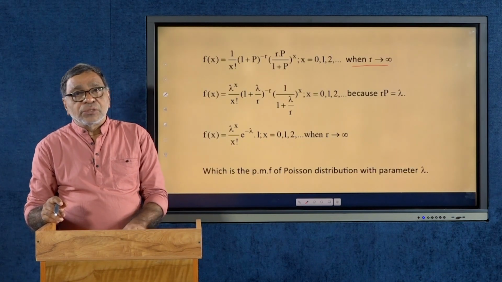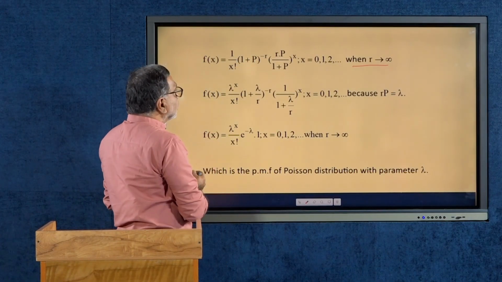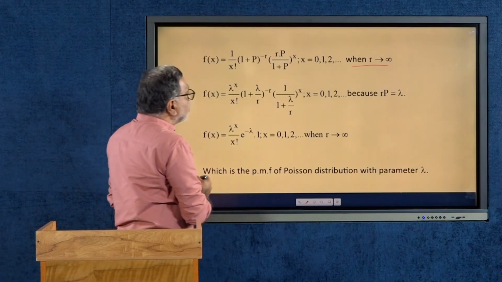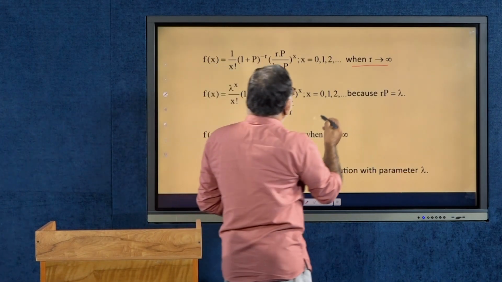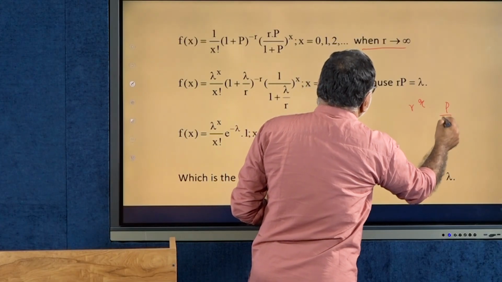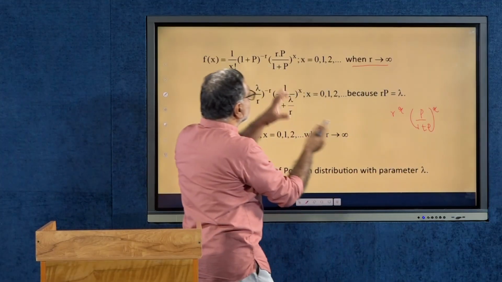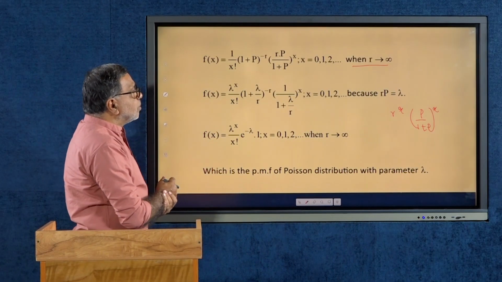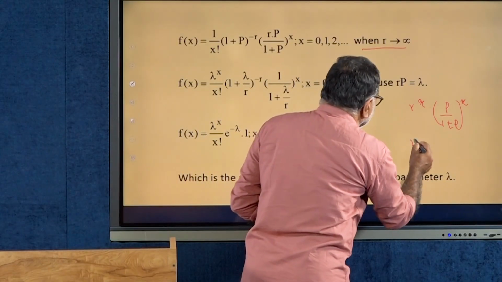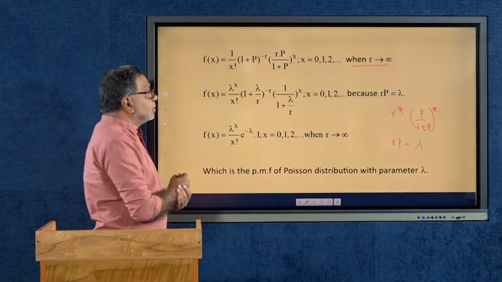So, only the remaining factor is 1 divided by x factorial, 1 plus p all power minus r, and r power x and p divided by 1 plus p all power x are combined, we can write rp divided by 1 plus p all power x. And we have rp is equal to lambda, that is our assumption.